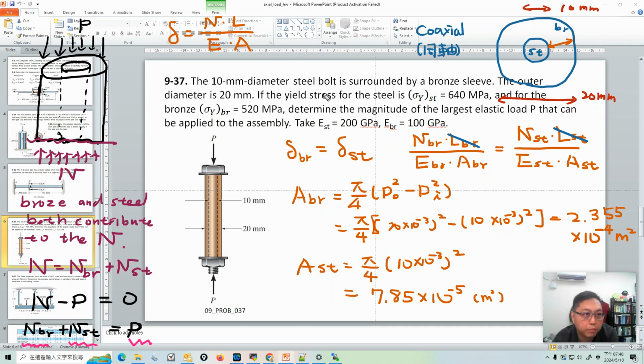Let's keep the information here, 2.355 times 10 to the power minus 4, because I'll erase this part. So we will have the elastic modulus for steel and bronze.